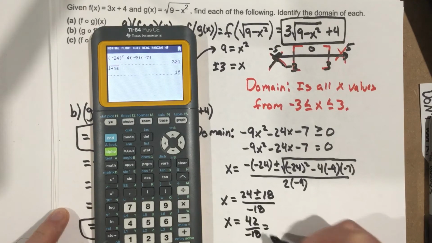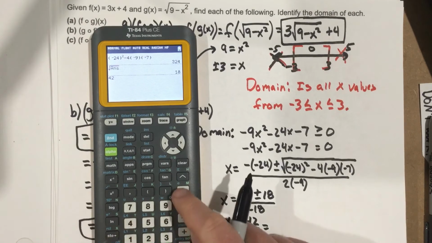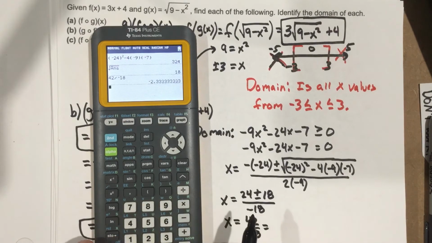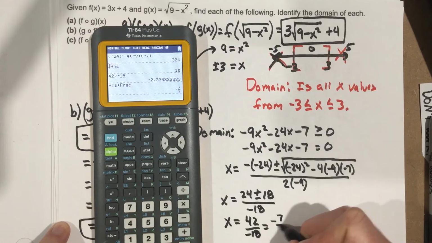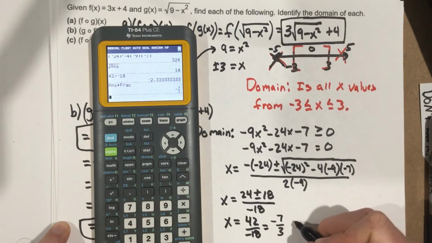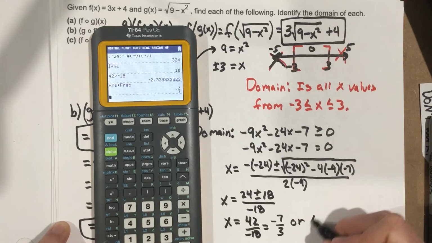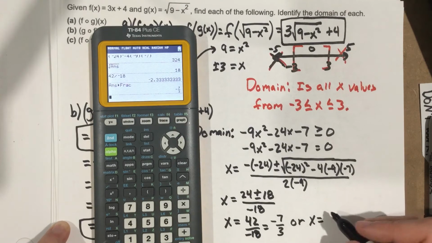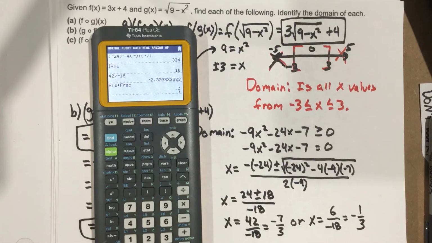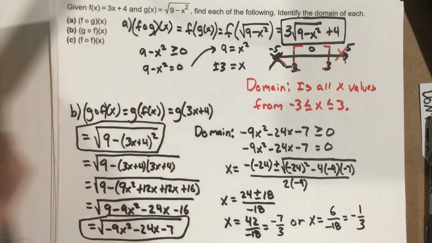Let's see if we can simplify that quickly. 42 divided by negative 18 gives the fraction negative 7/3. Or x equals, we subtract the 18, that's 6. So we get 6 over negative 18, which is negative 1/3. All right, now we found our roots.